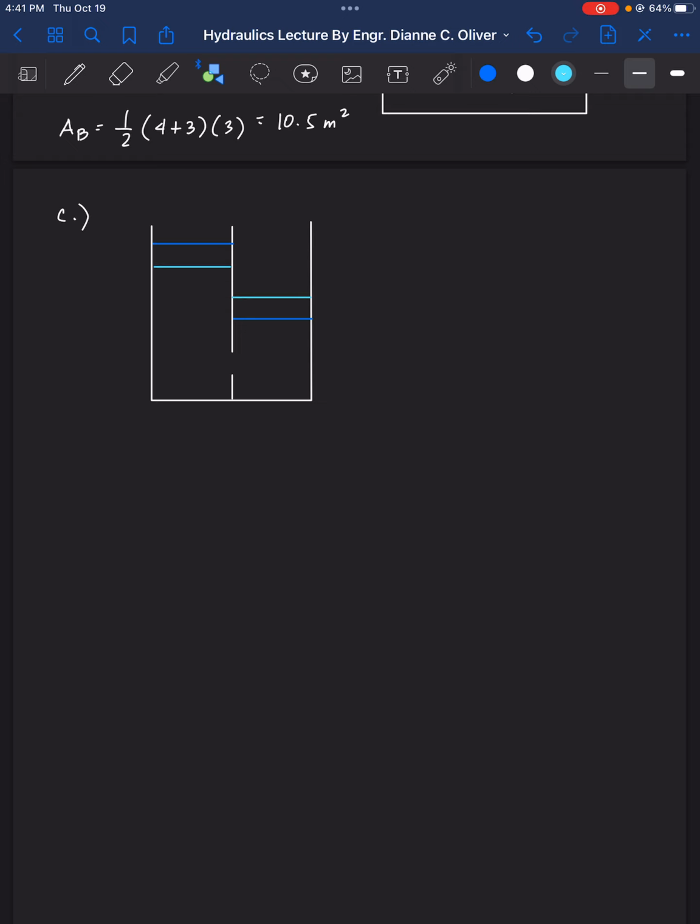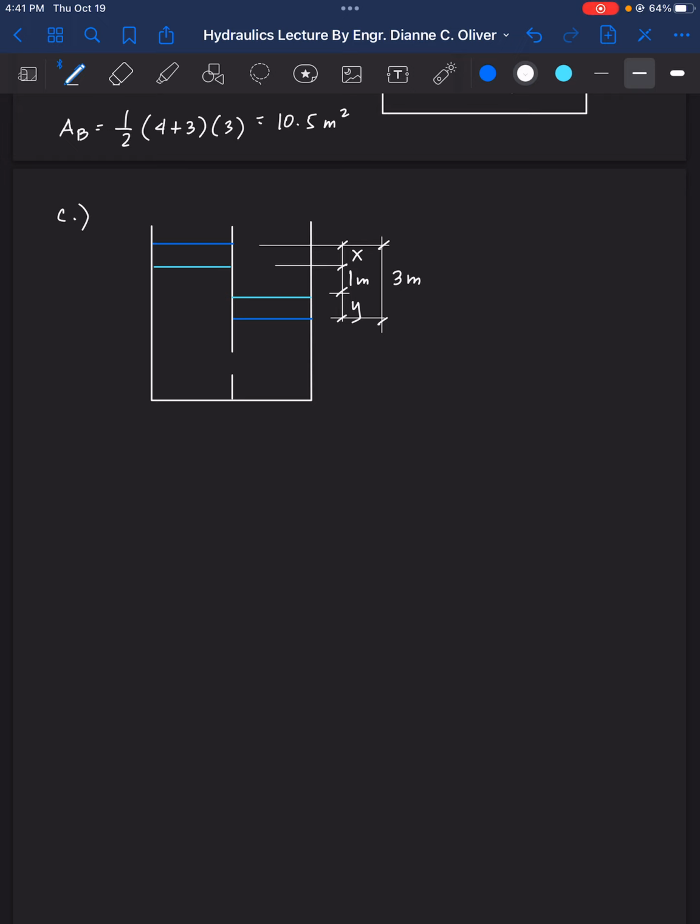From the initial, wherein they are 3 meters apart, to the point wherein they are 1 meter apart, let's name this as X and this height here as Y.